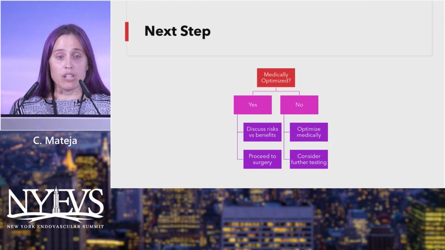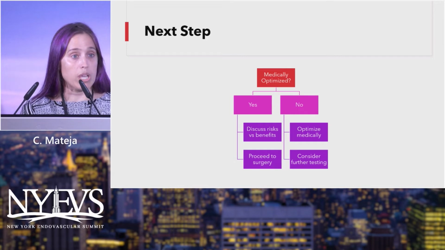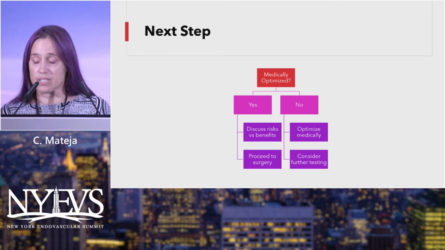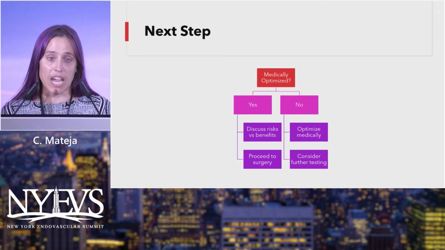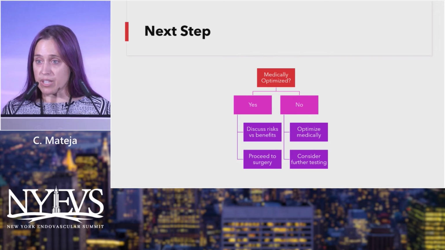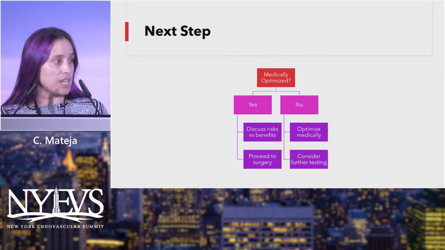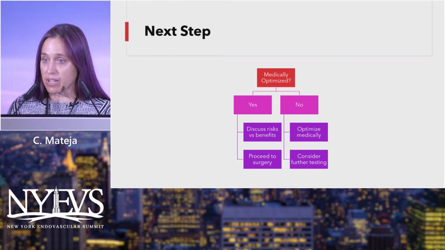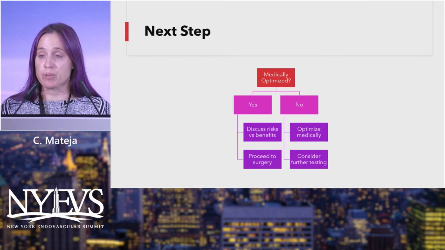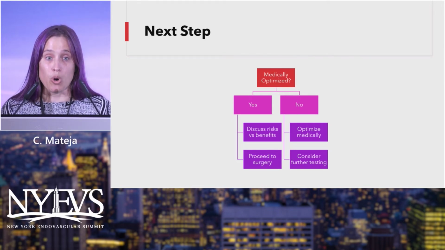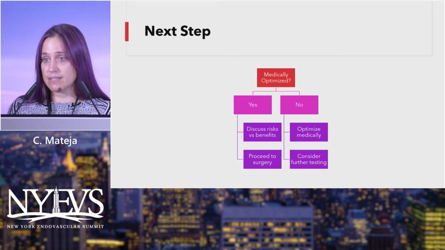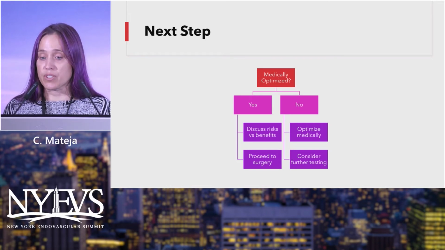So if they are medically optimized from the coronary artery disease standpoint, meaning they're not having any major symptoms of angina at this point or escalating symptoms of angina, they're already on their statin, they're already on their antiplatelet therapy. If they have had a heart attack in the past, are they optimized and maximized on their beta blocker? That would tell me, okay, they're optimized, and there's probably not much more I can do to make this person's risk any less. So then let's discuss the risks versus benefits.